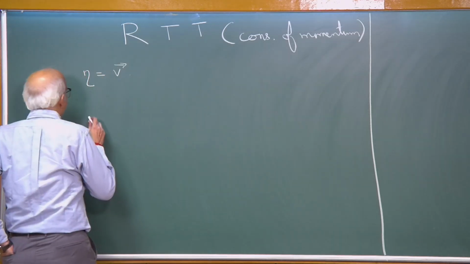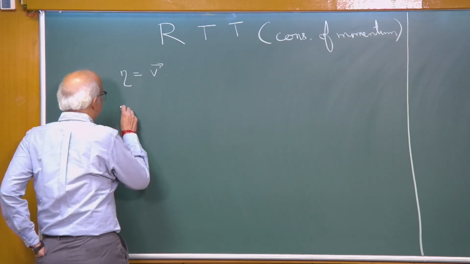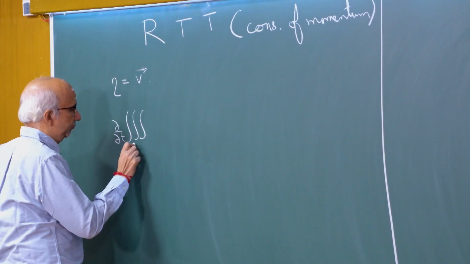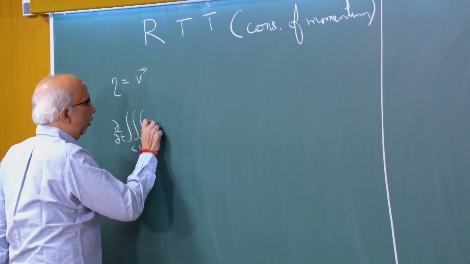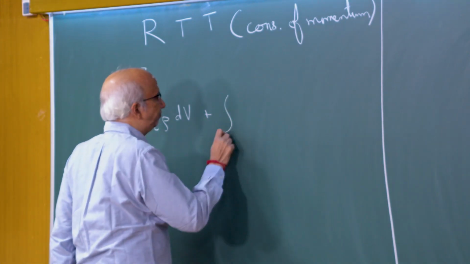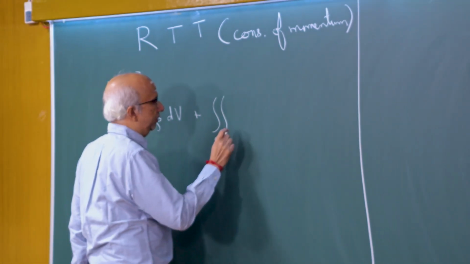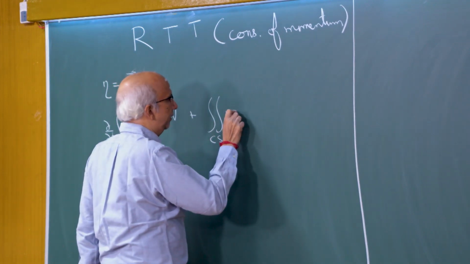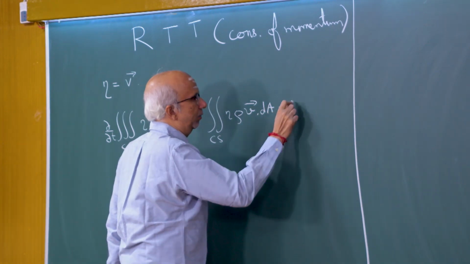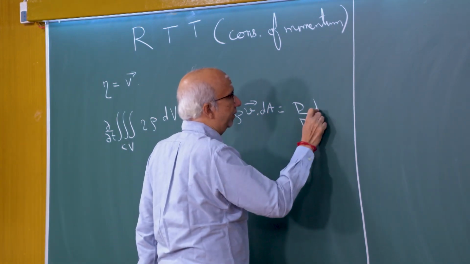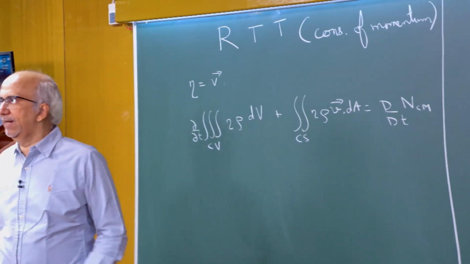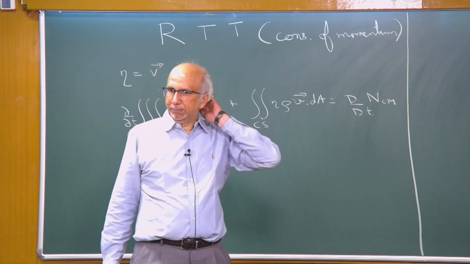So, now if I were to write the Reynolds transport theorem, I would get over the control volume of eta rho dV plus integral of the control surface of eta rho v dot dA equals d dt of N_CM. Okay. And N here, capital N, is the momentum that we are talking about.